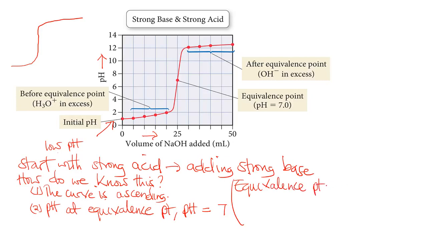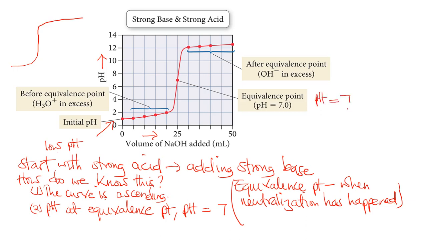So the equivalence point is when neutralization has happened. For strong acid and strong base, the pH at the equivalence point is equal to 7, as you can see here.